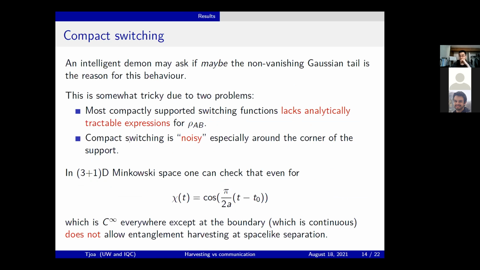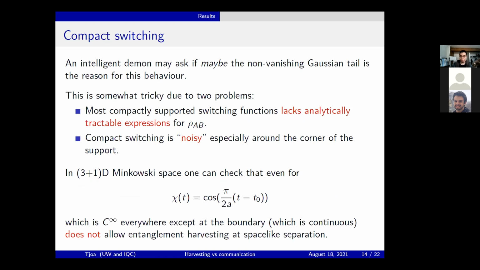And this is true even if you consider something like this. For example, if you take this cosine switching that is supported only in the interval minus a to a and 0 elsewhere, this switching is C infinity everywhere except at a corner, which is continuous.